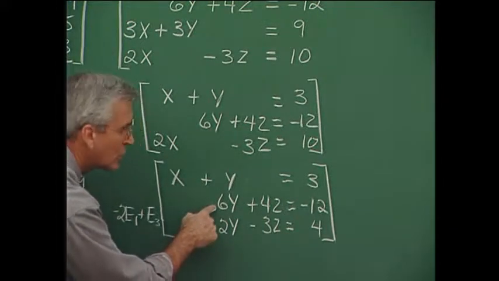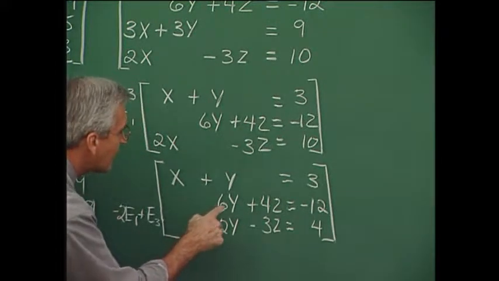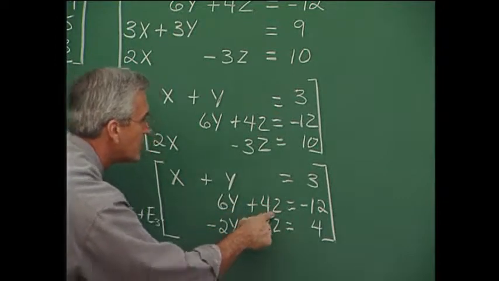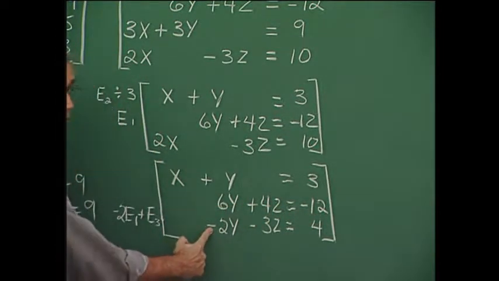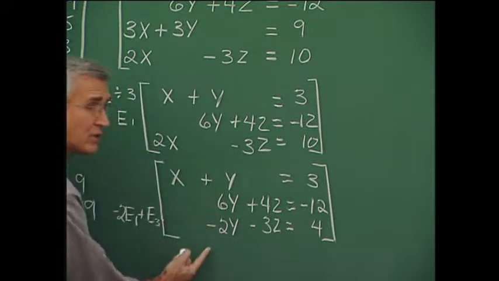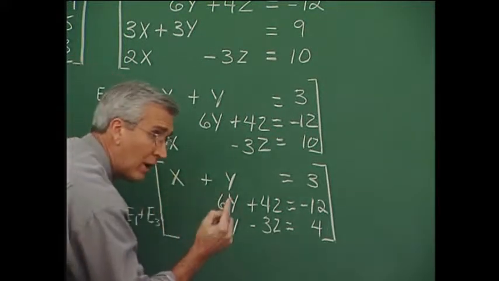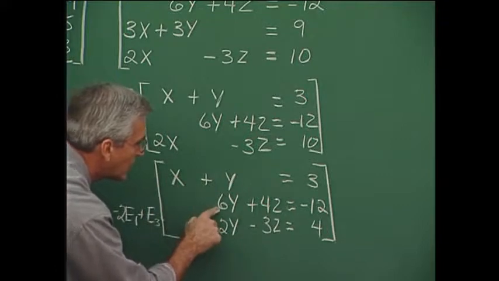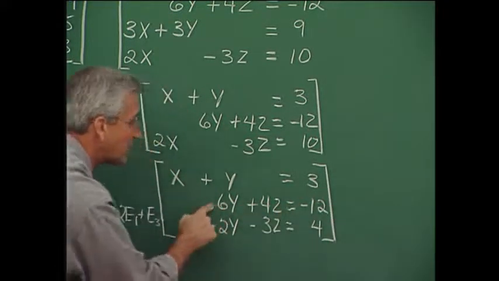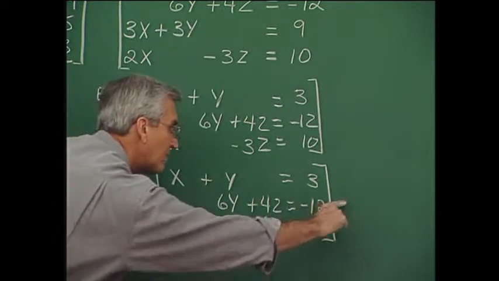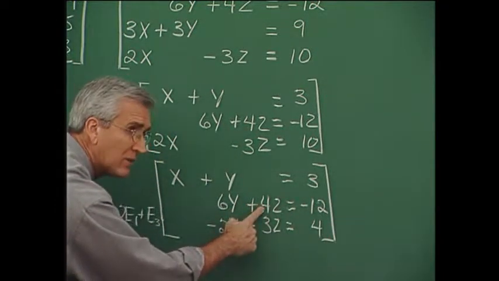Now we'd like to cause this entry to be a 1, so we'll divide through by -33. That is, we're taking row 3 and we're dividing by -33. Divide this by -33, divide that by -33, trivial, trivial. Divide this by -33, 1. Divide this by -33, we get 2.